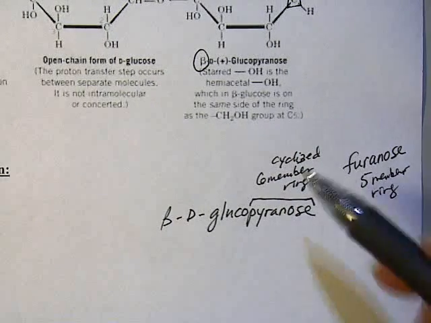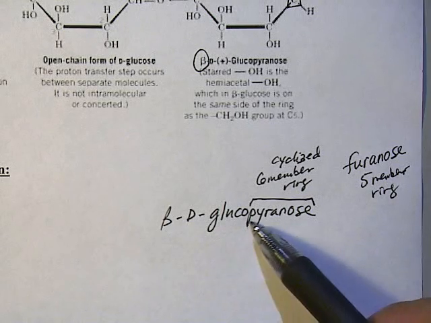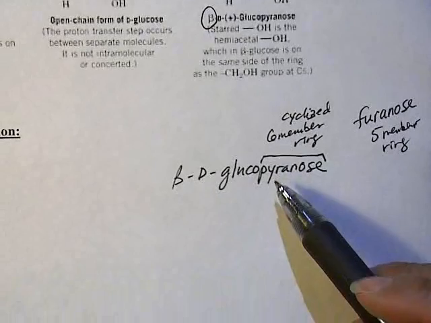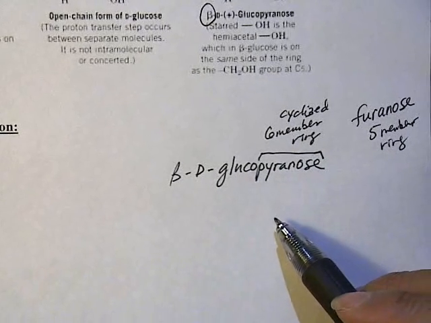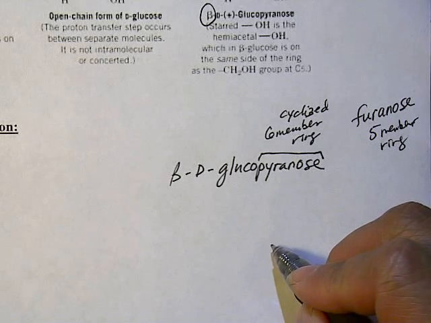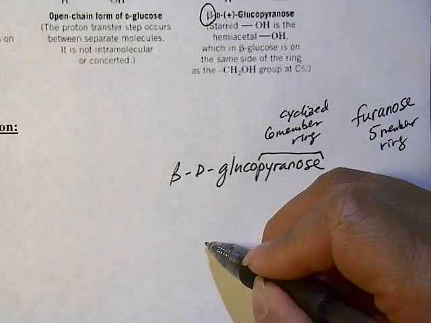All right. So notice how the name changed from glucose. It's not just glucose, it's glucopyranose, to indicate that you're talking about the cyclized version of glucose.